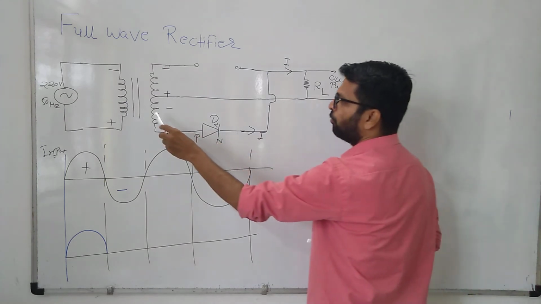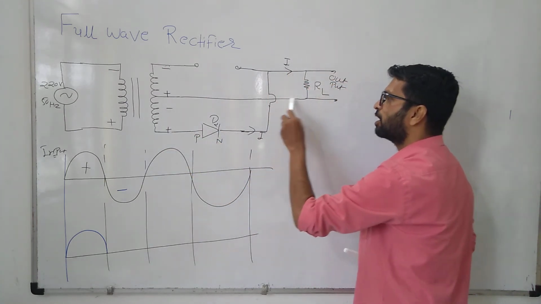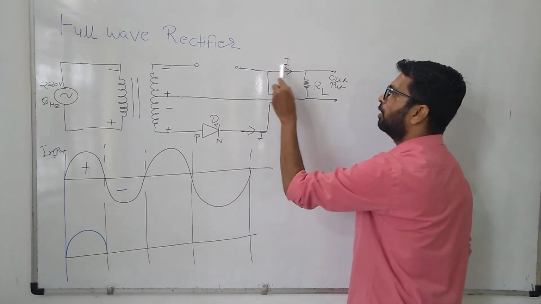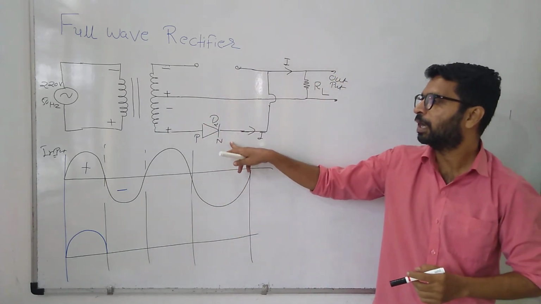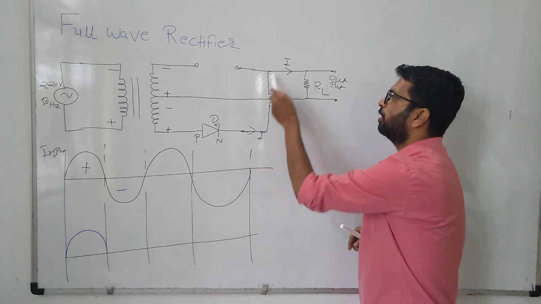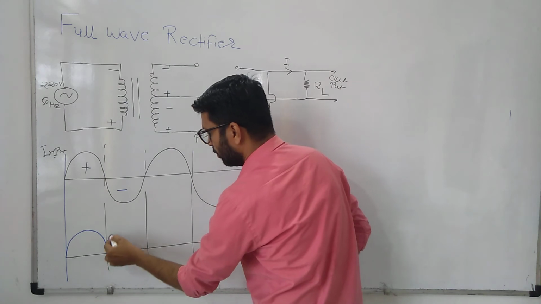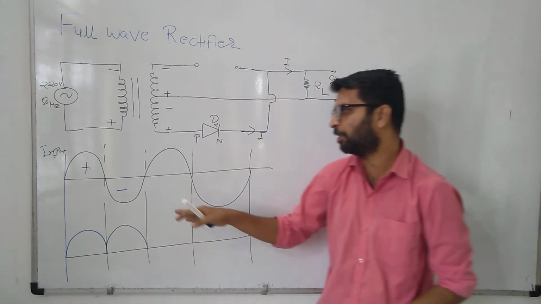Now current will flow like this, diode D2 to the load resistance and again to the transformer. Across this load resistance, because of this current, we will get some output, and this cycle will be repeated.